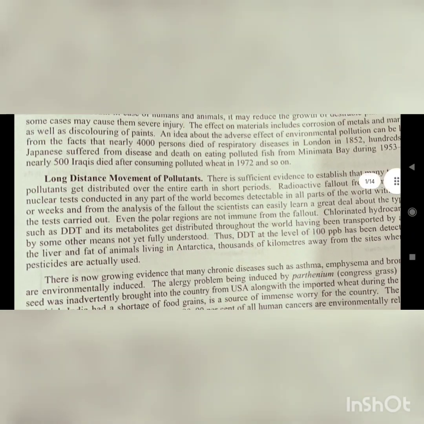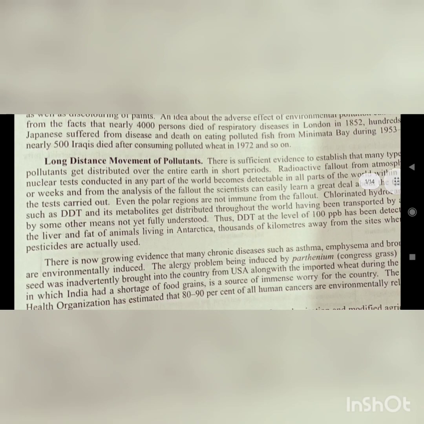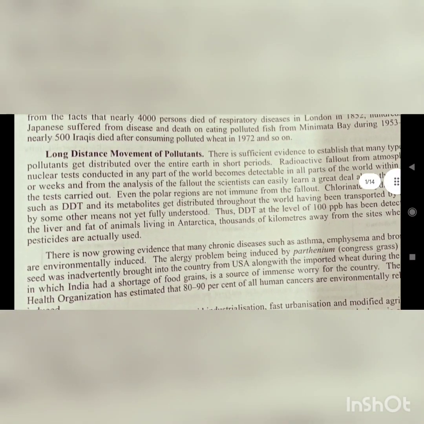Long distance movement of pollutants. There is sufficient evidence to establish that many types of pollutants get distributed over the entire earth in a short period.